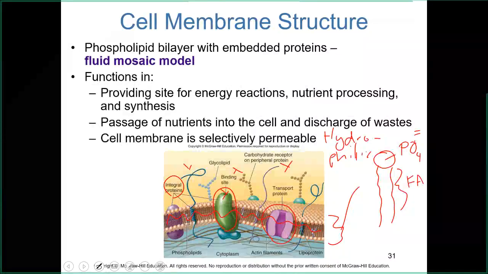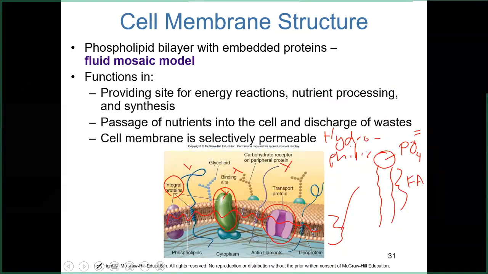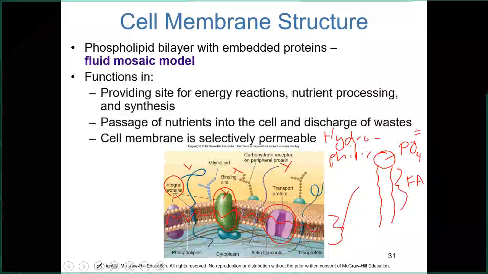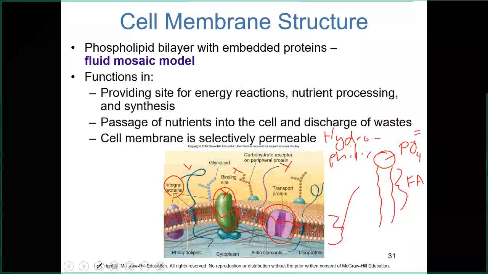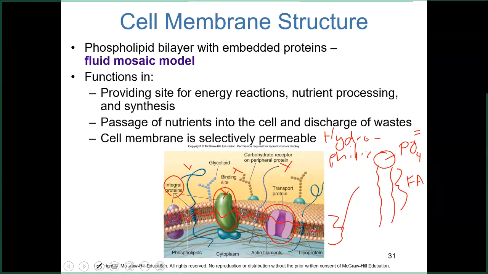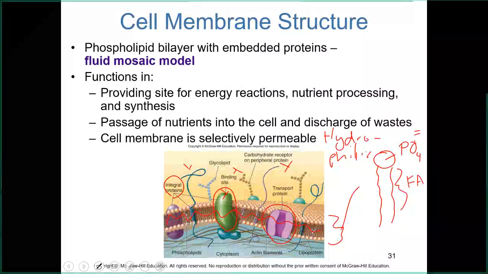So pumps, if you will, exist in the membranes, and they can be used to bring in ions. Generally, sodium, for example, is passed out through a carrier type of protein, like this one, that is referred to as the sodium-potassium pump. So we have sodium going out and potassium coming in through transport proteins like this.